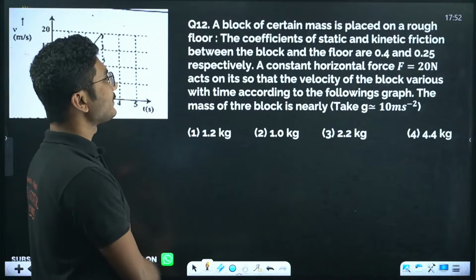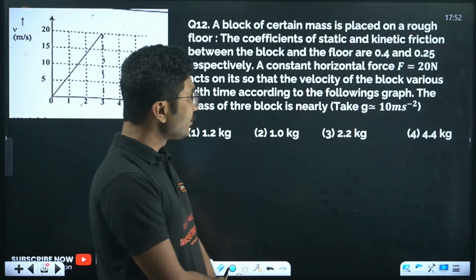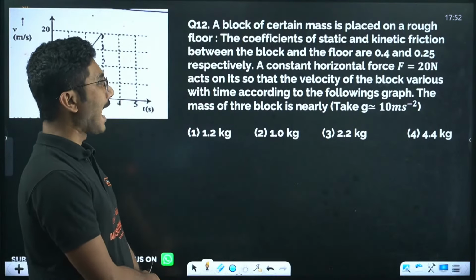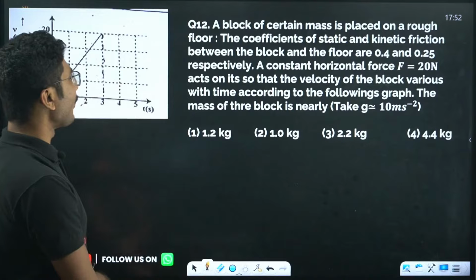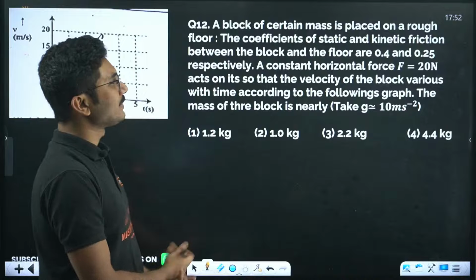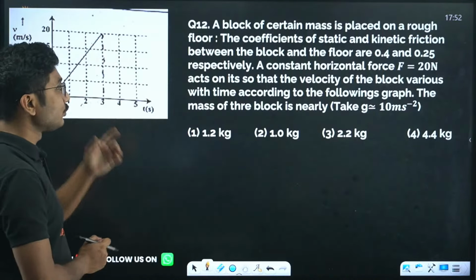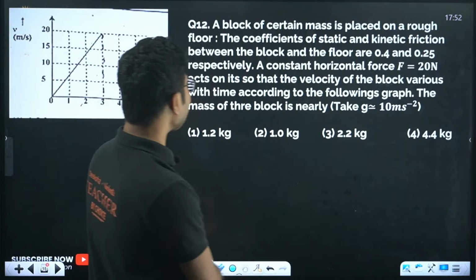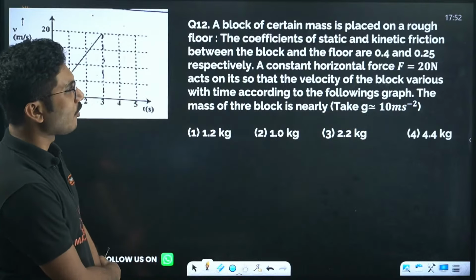A block of certain mass is placed on a rough floor. The coefficients of static and kinetic friction between the block and the floor are 0.4 and 0.25 respectively. A constant horizontal force F equal to 20 Newton acts on it, so that the velocity of the block varies with time according to the following graph.